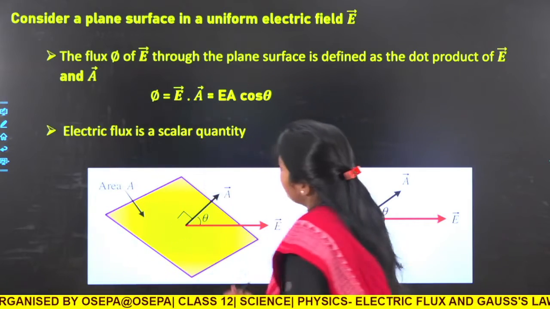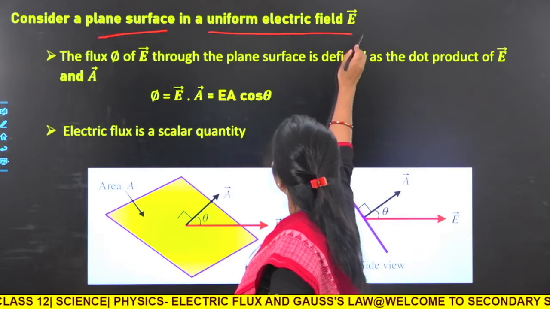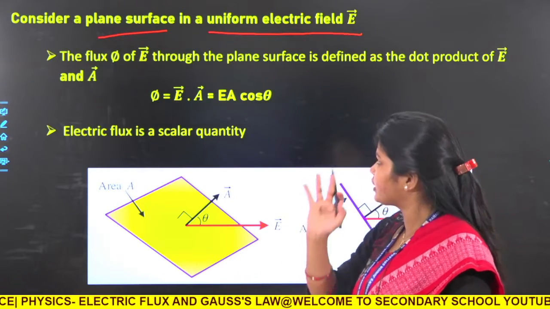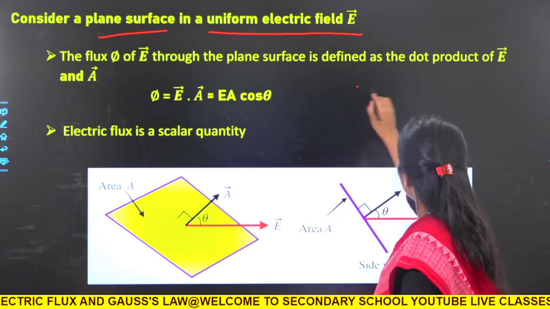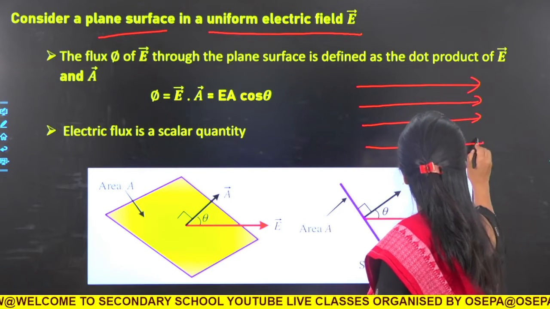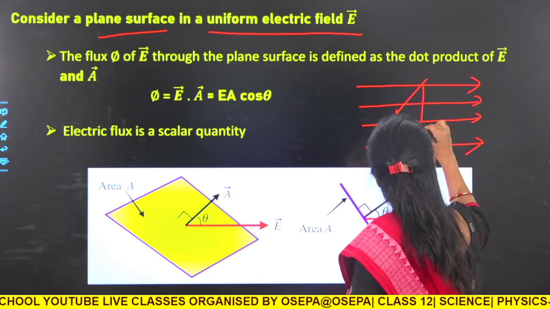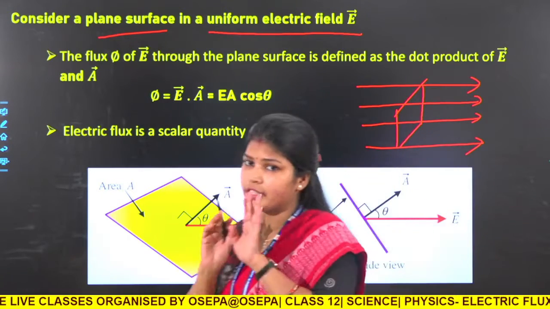See, suppose we consider a plane surface in a uniform electric field. I am considering a uniform electric field, and the plane surface is there.